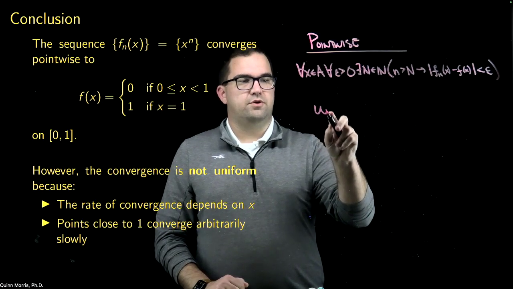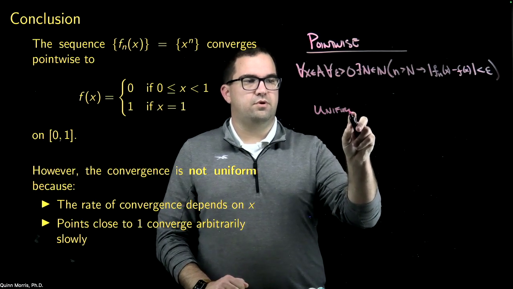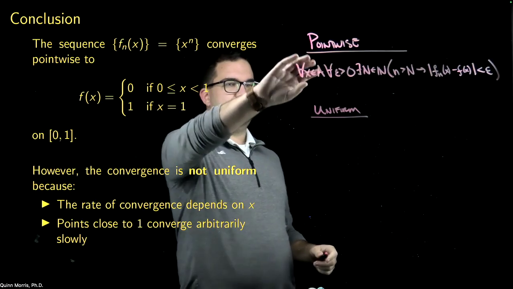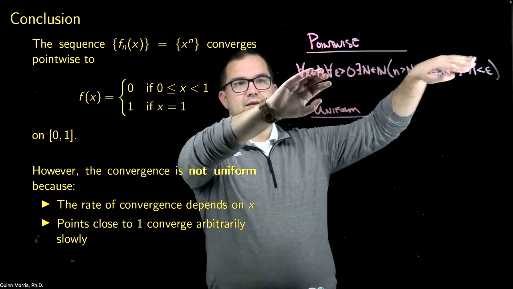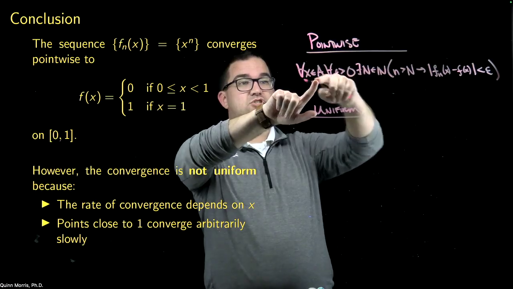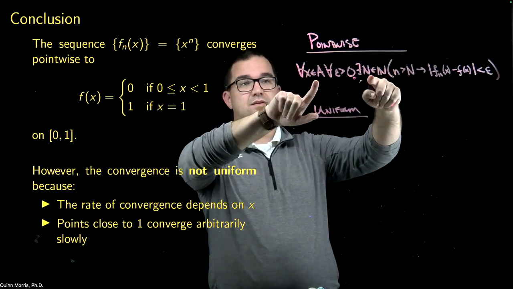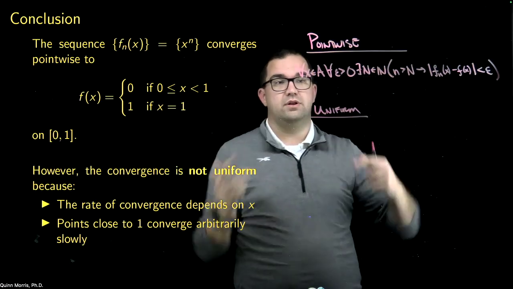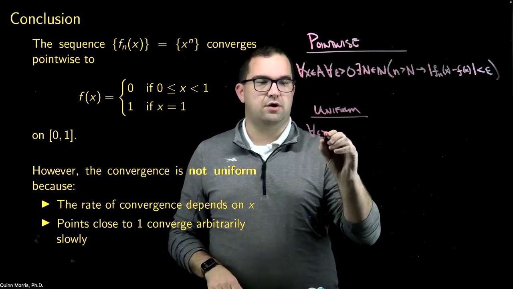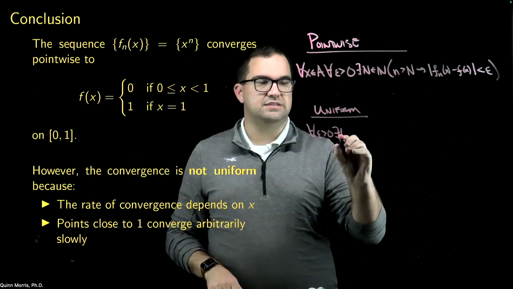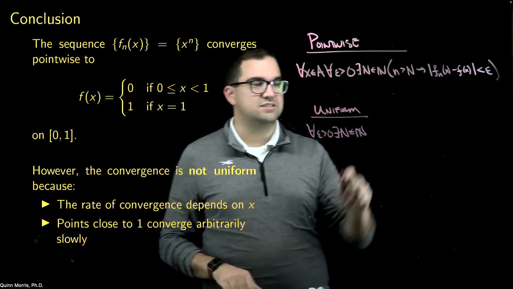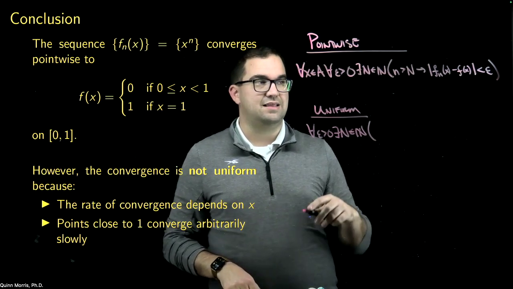Uniform convergence, we would abbreviate slightly differently. Pointwise says that for every x, you can do this thing, but it may depend on x, because this N is chosen after the x is set. The N could depend on x. For uniform convergence, this says for every epsilon greater than 0, there exists a natural number N. Here the natural number N is fixed before we ever say anything about x.